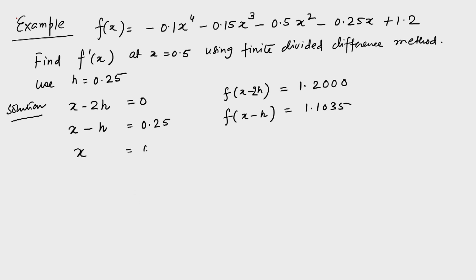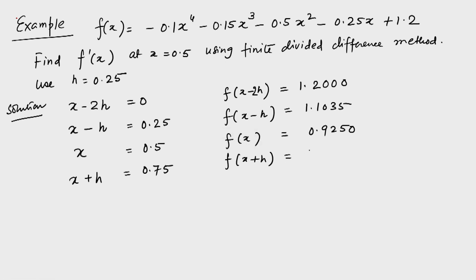x equal to 0.5, f of x is equal to 0.9250, and x plus h is 0.75. So, f of x plus h is equal to 0.6363, and finally, x plus 2h is equal to 1.